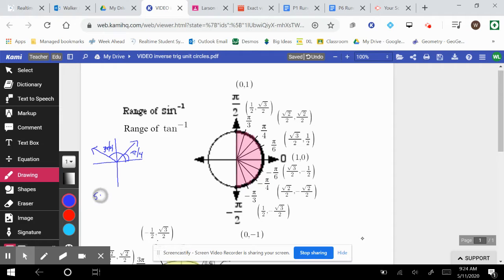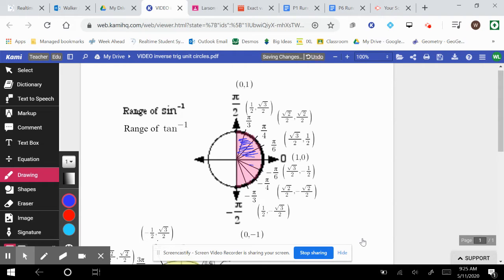So if you were asked sine inverse of radical 2 over 2, which one do you pick? Pi over 4, 3 pi over 4? And as it turns out, there are really an infinite number of choices. Okay, so that's the whole point of this chart, this table here. If you're given a sine inverse or tan inverse problem, these first two here, your answer is either in quadrant 1 or quadrant 4.